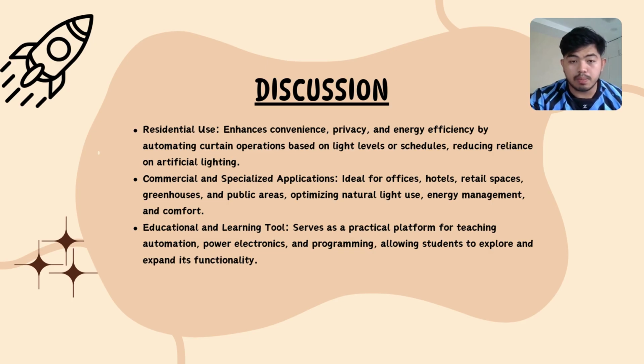For the discussion of this project, in residential use, it enhances convenience, privacy, and energy efficiency by automating curtain operation based on light levels or schedules, reducing reliance on artificial lighting. In commercial and specialized applications, it is ideal for offices, hotels, retail spaces, greenhouses, and public areas, optimizing natural light use, energy management, and comfort.